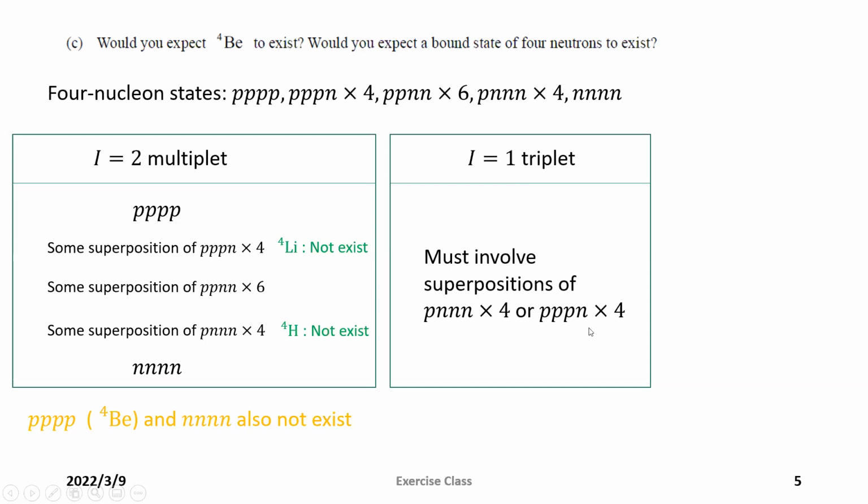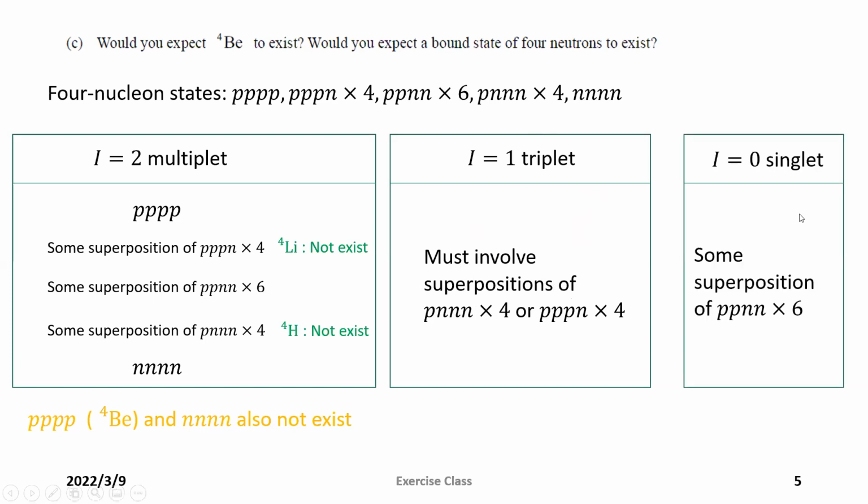So all these states in the triplet should also not exist. And finally, we can have an I equals 0 singlet, which is some superposition of PPNN. And we know that this corresponds to the alpha particle, and it can exist.